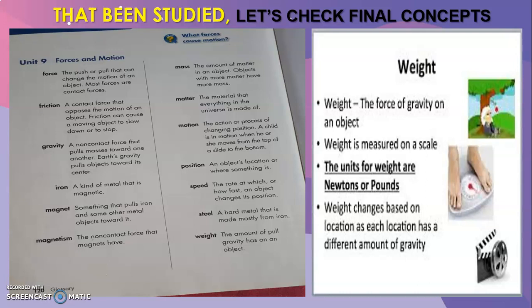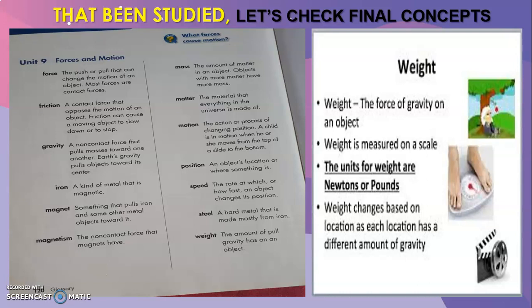Alexa, continue. Friction, a contact force that opposes the motion of an object. Friction can cause a moving object to slow down or to stop. Thank you, Alexa. Remember when we were talking, for instance, about playing soccer? You kick the ball. Depending on how fast you kick it and on the surface the ball rolls on, you will have more friction or less friction.